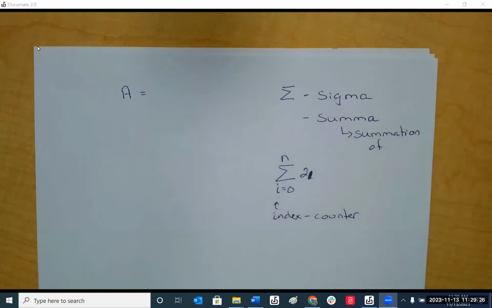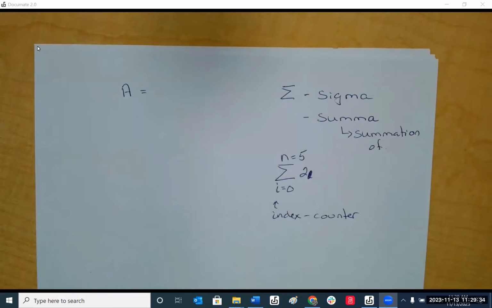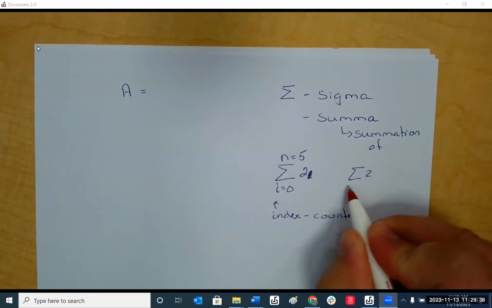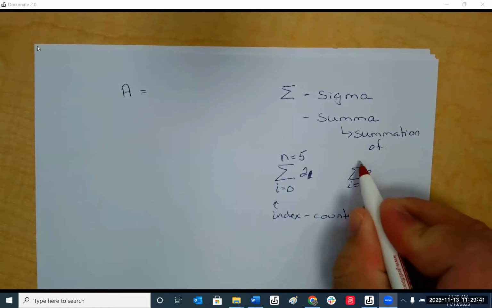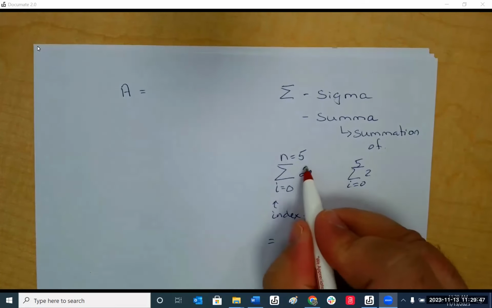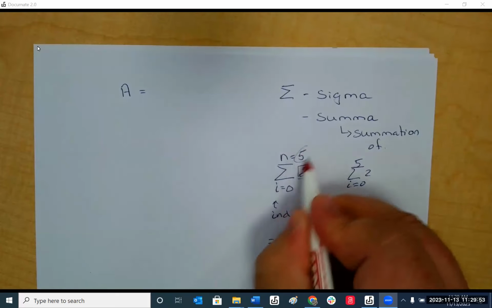Let's just use 2 and not deal with subscripts just yet. And I say that n is 5. Normally I would have i equals 0 to 5. What that means is I would add the number 2 five times.